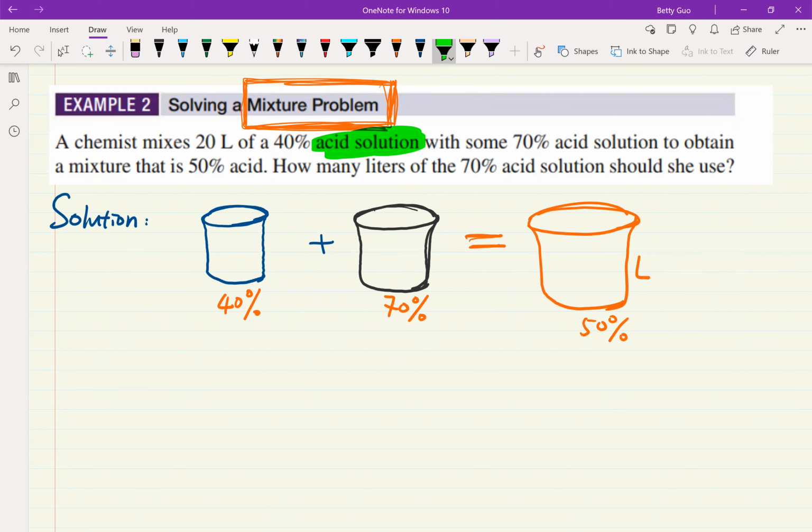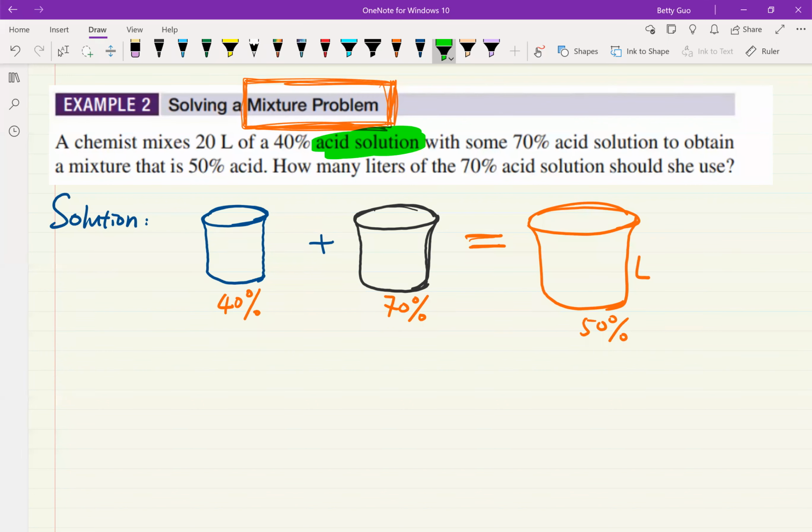She wants the big jar to have 50% acid solution. And look at this, 40% is lower density, right? 70% is very strong, right? So they kind of neutralize each other. She wants 50% acid solution. So that is a mixture problem.